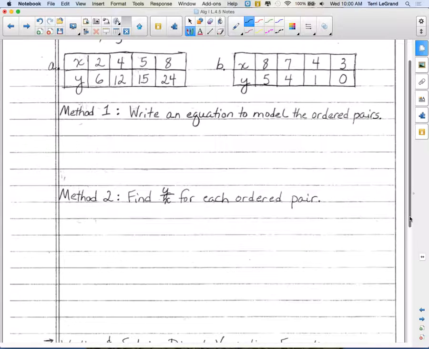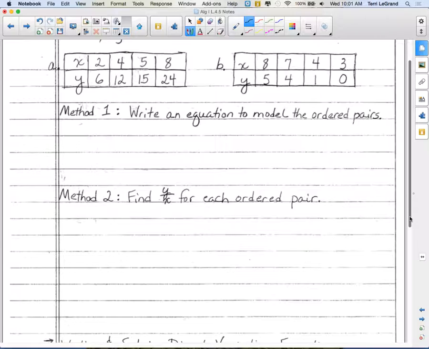What do you have to do to x to get y? Remember that? What do you have to do to the x values in the table to get the y values that go with them? And then we can write an equation from that. So what do we have to do to the x value in this table? What would we do to the x value to get the y?